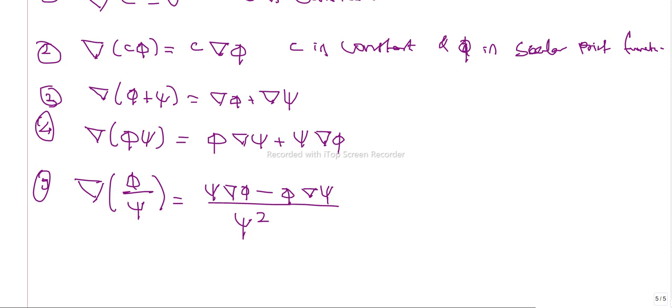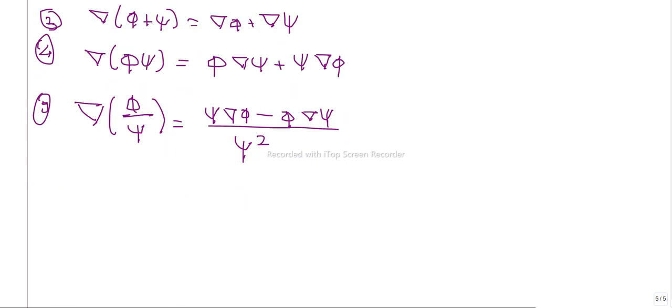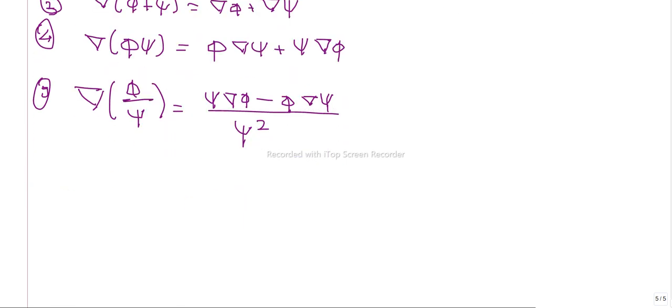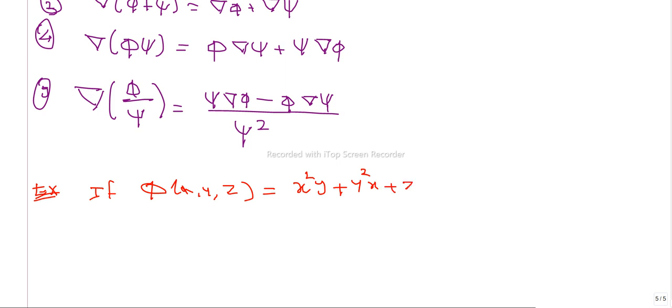Maybe quickly we solve something to find a gradient. Exercise: suppose the function is given, π(x, y, z) equals x squared y plus y squared x plus z squared.